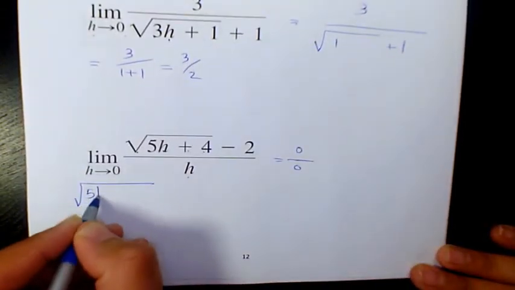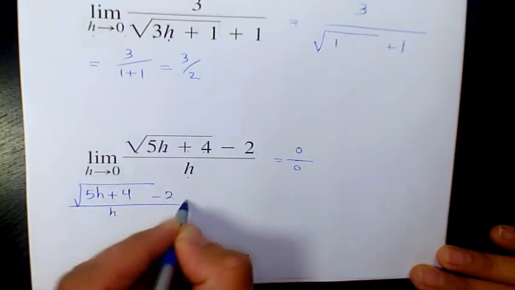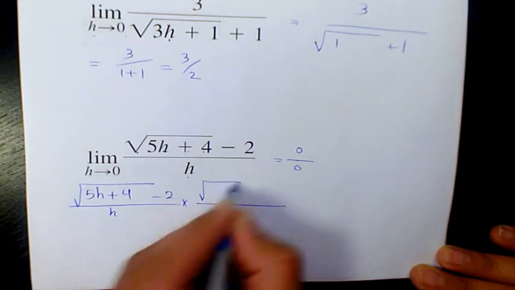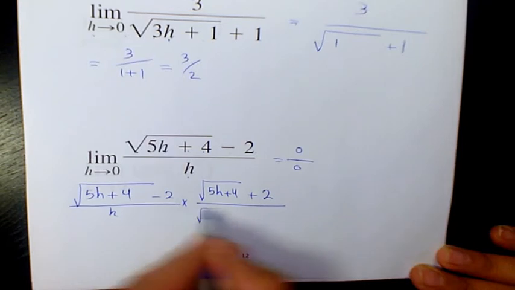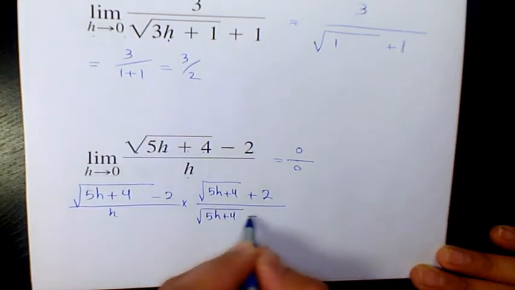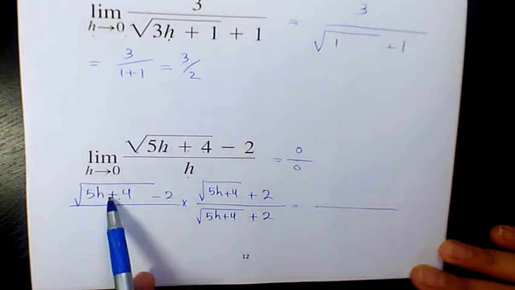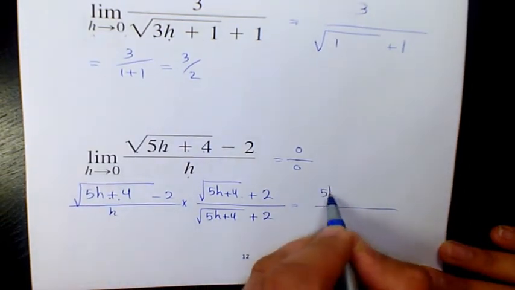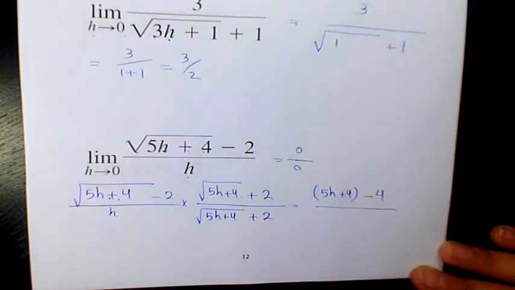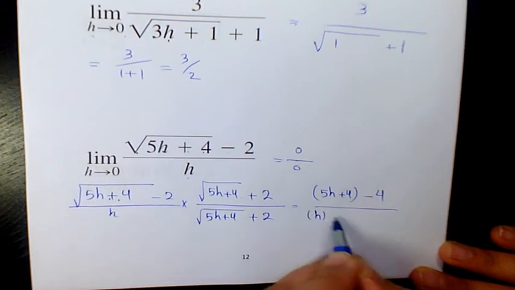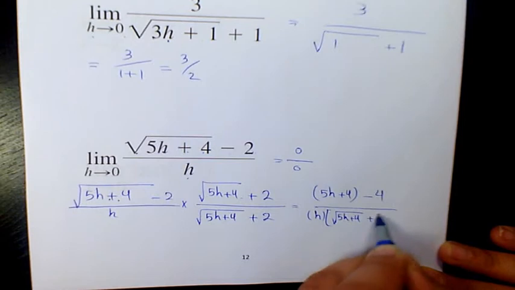We're going to have square root of 5h plus 4 minus 2 over h times the conjugate of the numerator, square root of 5h plus 4 plus 2, divided by the same, since I multiply the numerator and denominator by the conjugate. Then, using the difference of squares, the first one is going to be 5h plus 4 minus 2 squared, which is going to be 4, divided by h times square root of 5h plus 4 plus 2.